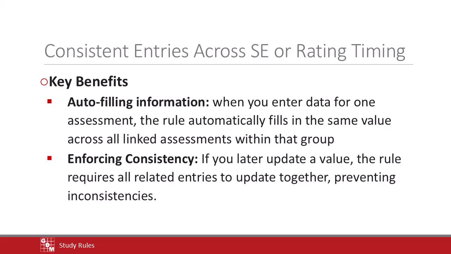Auto-filling information. When you enter data for one assessment, the rule automatically fills in the same value across all linked assessments within that group. 2. Enforcing consistency. If you later update a value, the rule requires all related entries to update together, preventing inconsistencies.